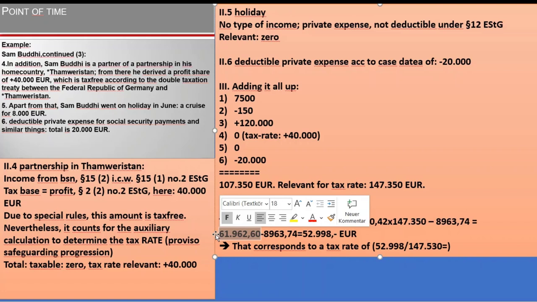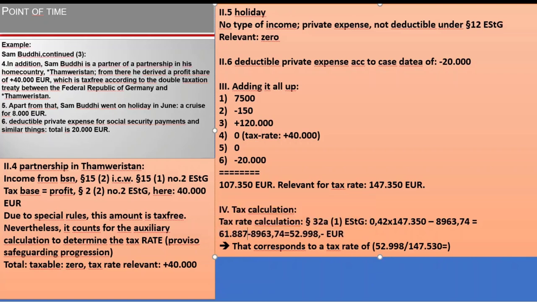147,350 times 42%. This is 61,887 minus 8,963.74. So also here another value comes out slightly different. 52,923.26. The 26 cents vanish, and this is now divided by the figure which we used to calculate it.